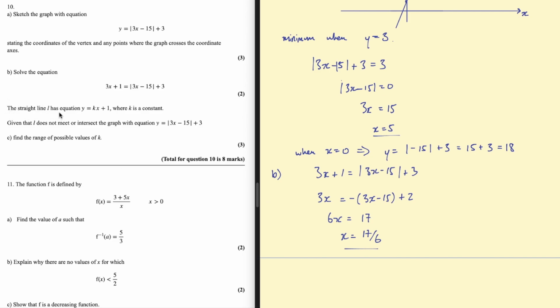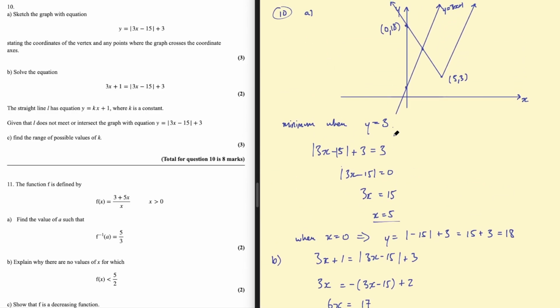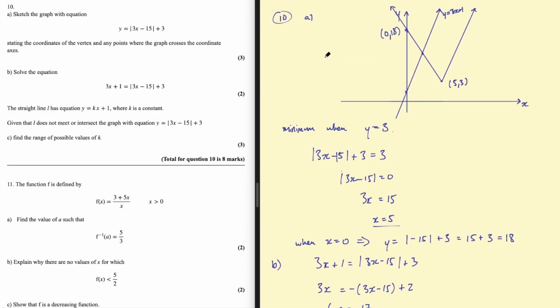Part C says the straight line L has equation y equals kx plus 1, where k is a constant. Given that L does not meet or intersect the graph with equation y equals the absolute value of 3x take 15 plus 3, find the range of possible values of k. So let's go to our graph and sort of interpret what we're saying here. We've got a straight line kx plus 1. So again, it intersects the graph at 1.